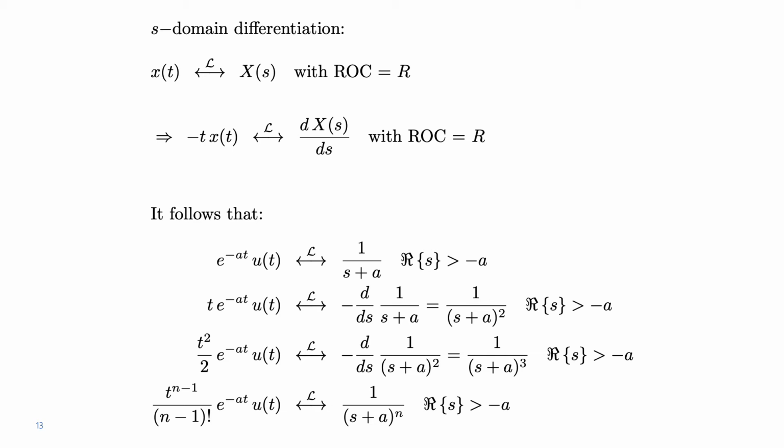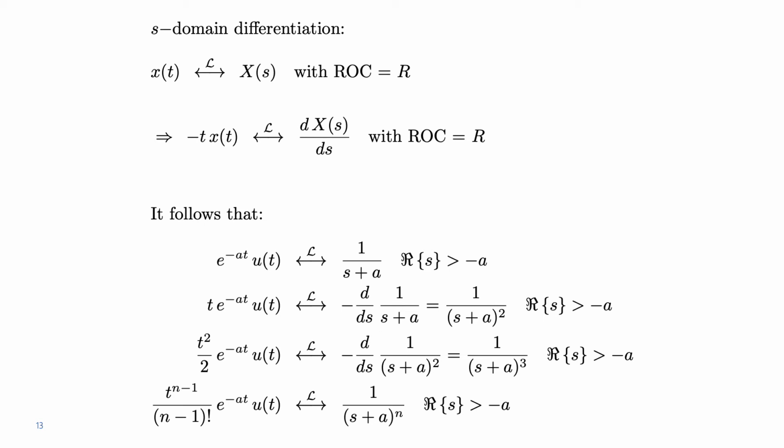So just to clarify, we know that the term 1 over s plus a squared can be written as the derivative of 1 over s plus a times a sign minus 1. And we know that because it is the derivative of something, its anti-transform would be minus t times the anti-transform of that something.